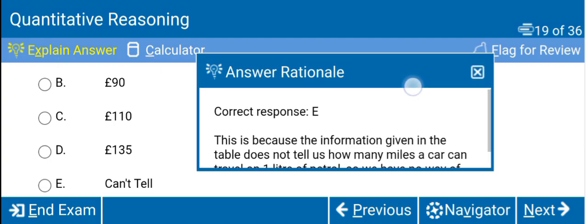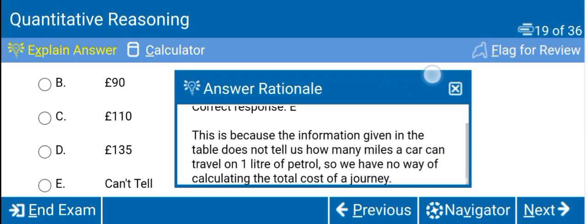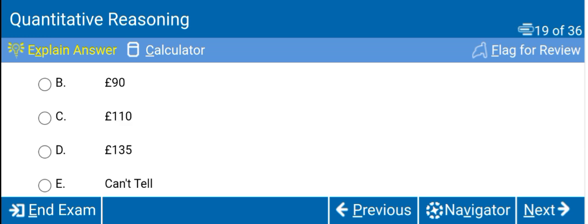So here we have the correct response is option E. This is because the information given in the table does not tell us how many miles a car can travel on 1 liter of petrol. So we have no way of calculating the total cost of our journey. That's why we can say that option E is the correct option, which is can't tell.